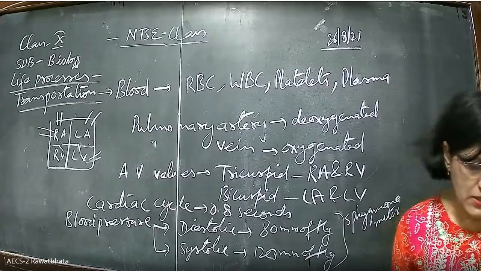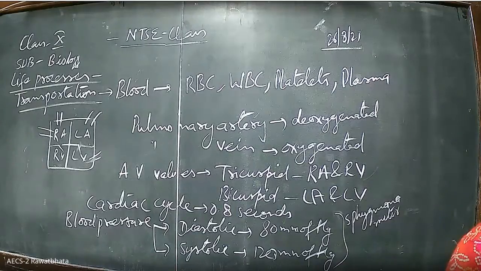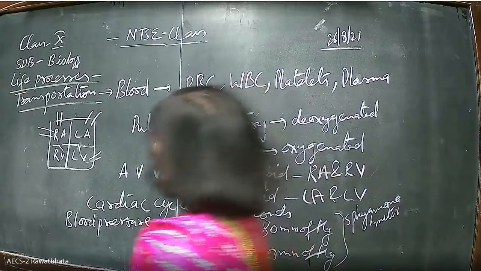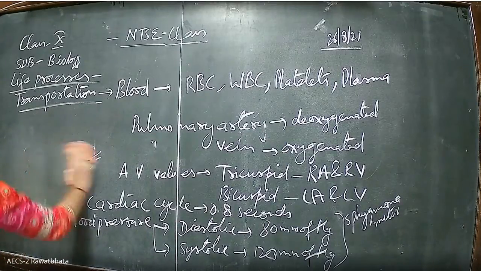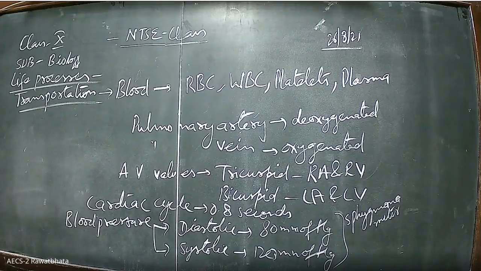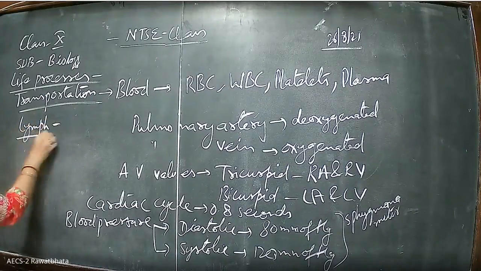And in this case, platelets basically perform the function of blood clotting. And of course we know there is one more fluid that flows in our body, and that fluid is known as lymph. So how are we going to define lymph? Lymph basically will be from plasma.